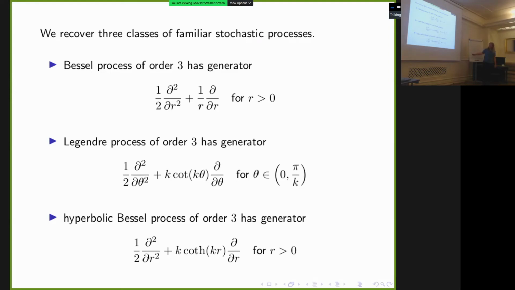Then we have this Legendre process of order 3, which you can obtain by taking a Brownian motion, which you start at some point in an interval and condition it to never hit either of the endpoints. And then there's something called a hyperbolic Bessel process. It has this generator. And you notice that it's always of order 3. We wanted to understand where the 3 comes from. So what are we seeing in here?